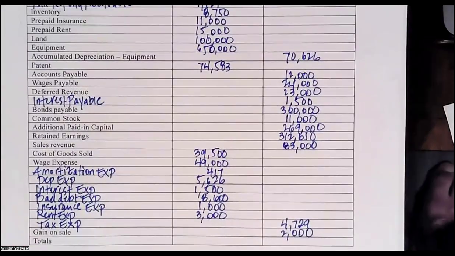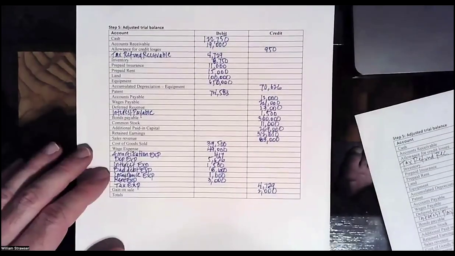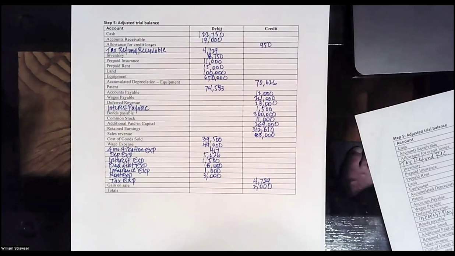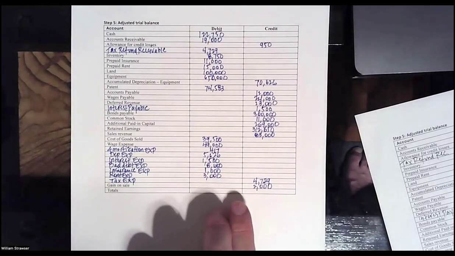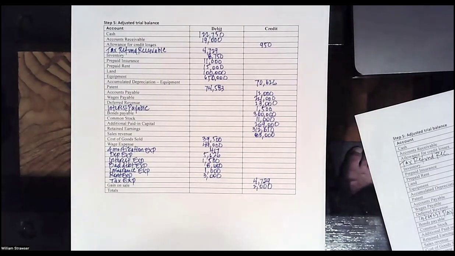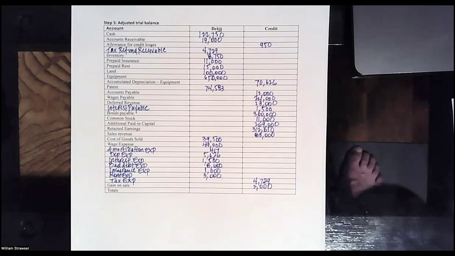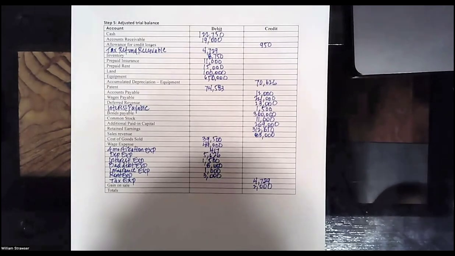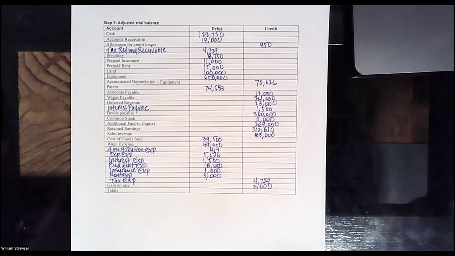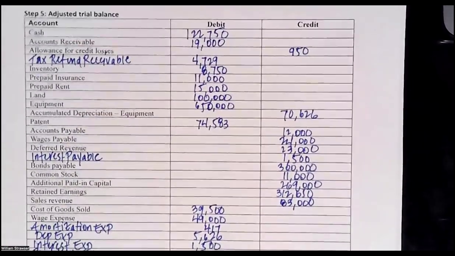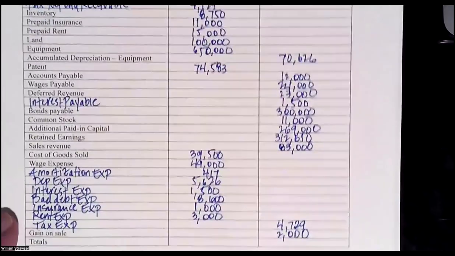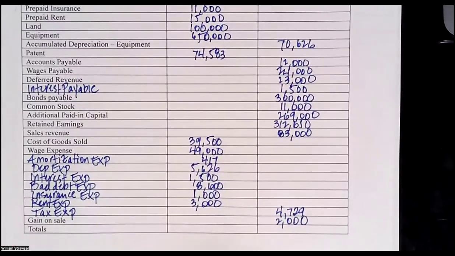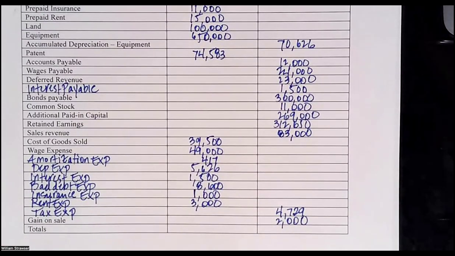Now comes the moment that we have to check to be sure we've done things hopefully right. Remember that the equality of debits and credits here does not mean that we 100% have it correct, but it gives us some assurance that at least we're not wrong. Not a guarantee we're right, but at least we know that we're not wrong if these two numbers are equal. So I'm going to go ahead and add those up.